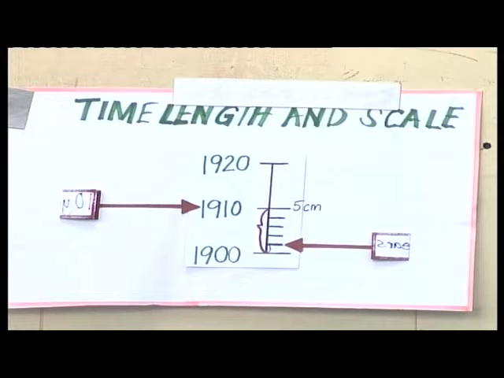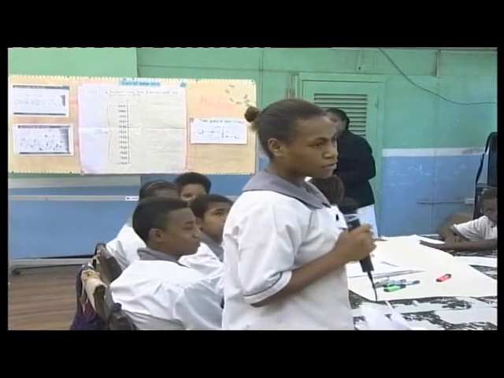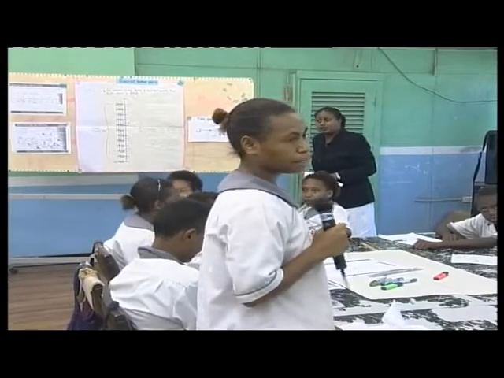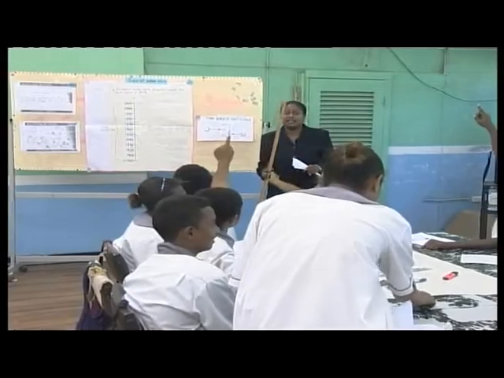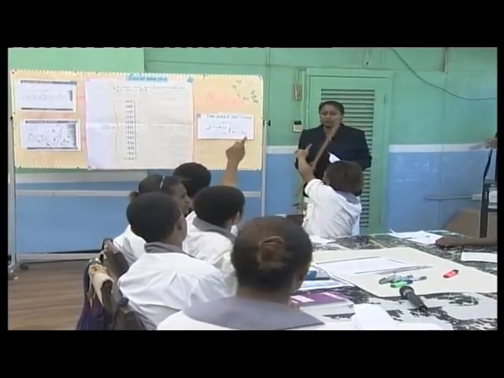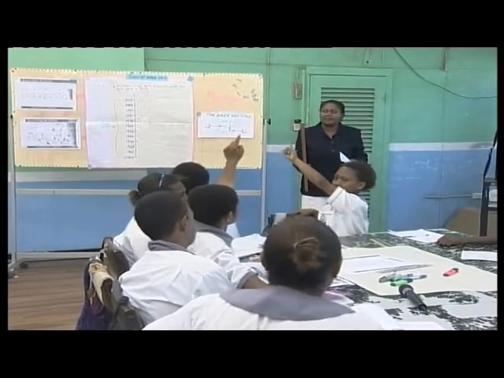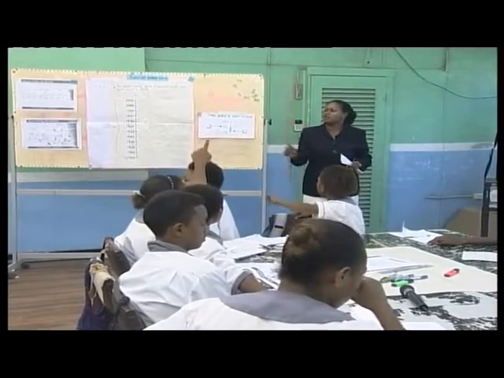Yes, Moro? 2 centimeters. 2 centimeters. Good try, receiving student. Do you have an answer for that? If you're correct, very good to you. Let's have one from this group.